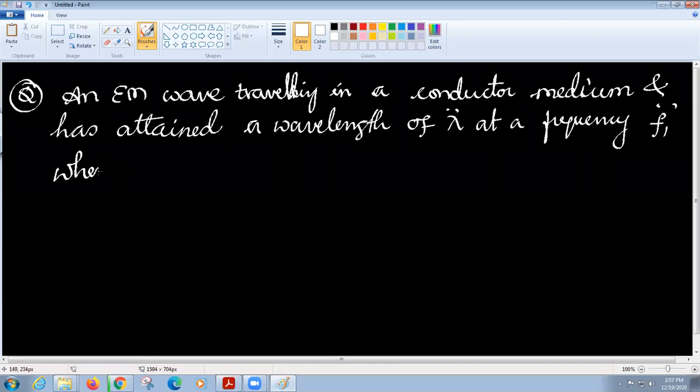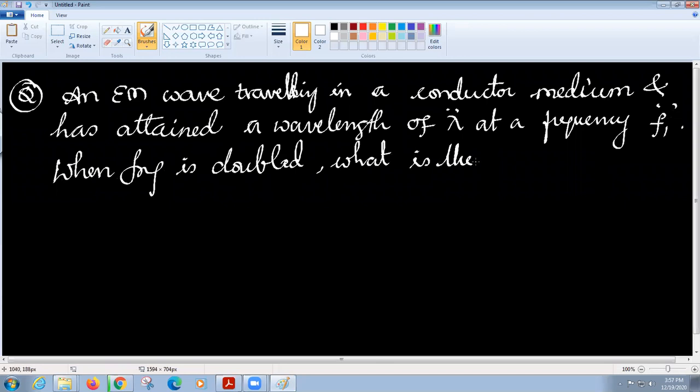Now when the frequency is doubled, what is the corresponding wavelength? This total question was again asked in the GATE examination. What is the corresponding wavelength? Anyone?